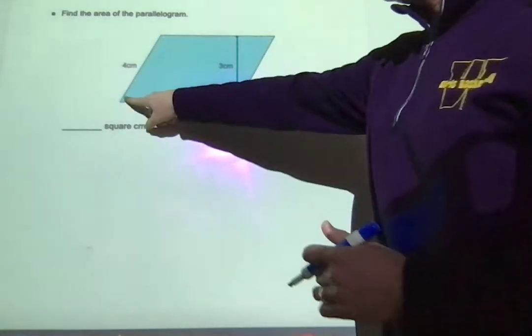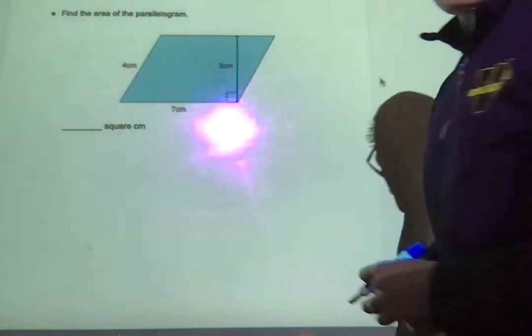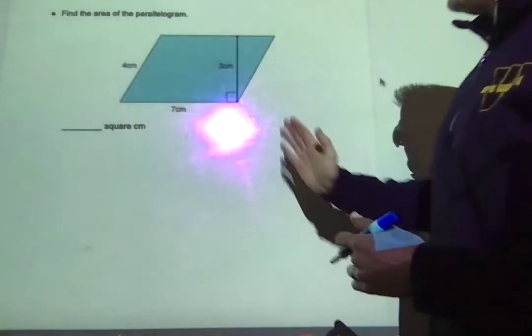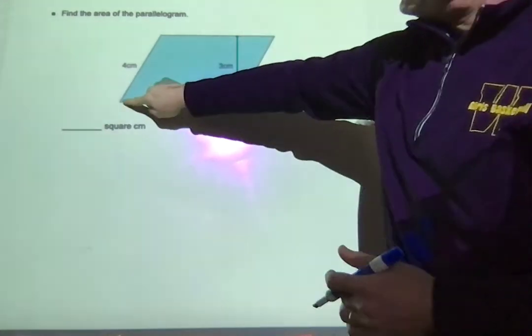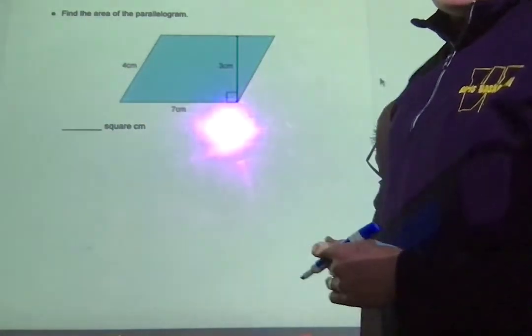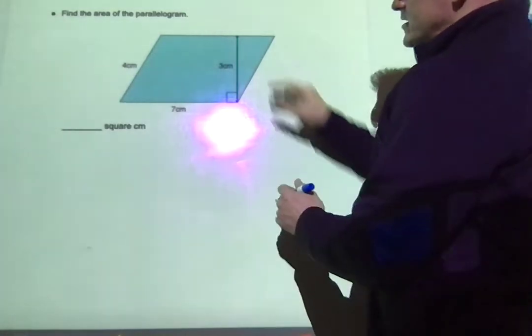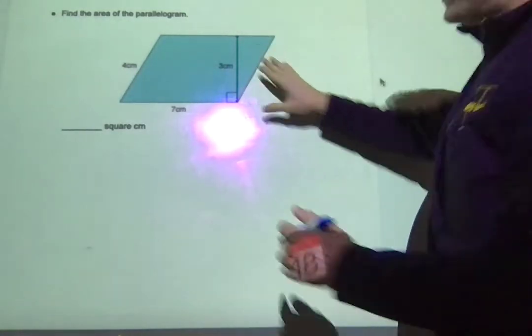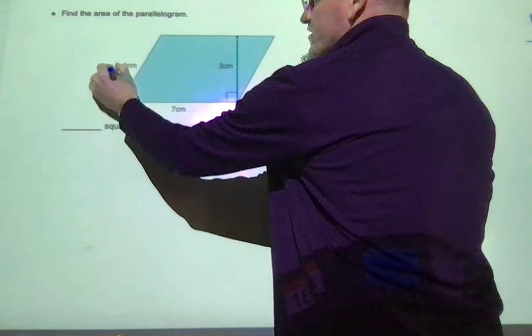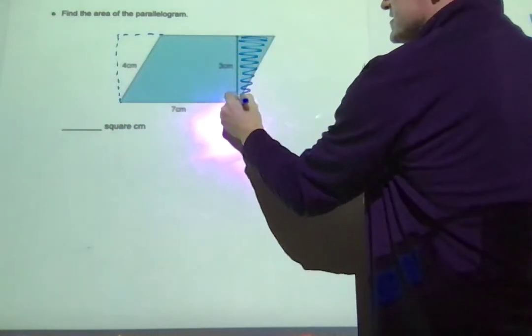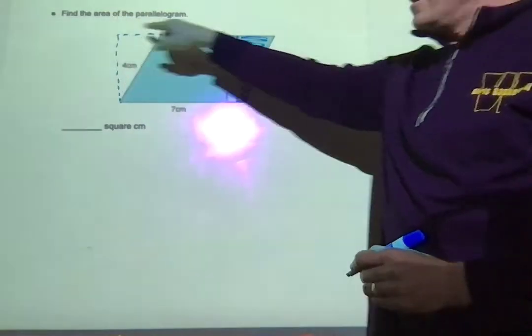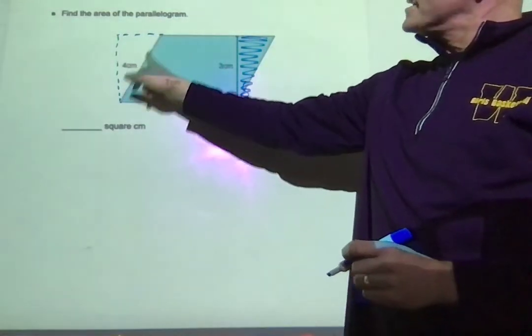We can see that the base is 7, and a lot of you have learned that the height has actually got to be off a right angle. So it's written in here. This 4, the slanted part, is not the height. Okay, and if you guys remember, we can chop this part off right here. And if I just moved it over here and got rid of this, remember when we learned this, it just makes a rectangle. Okay, so you see why that 4 is not valid.